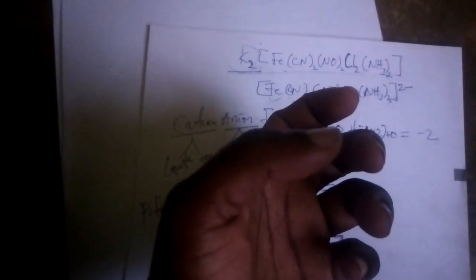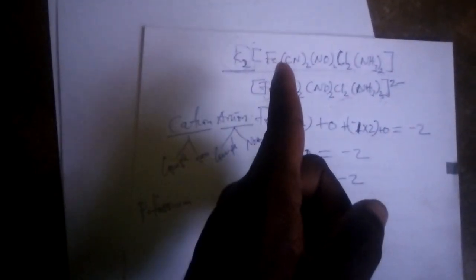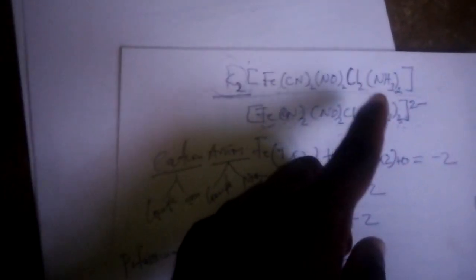We name them in alphabetical order, starting with those that come first alphabetically: A, B, C, D, until we have named all of them. When you look at our complex, there is ammine over there, and there is ammine here.